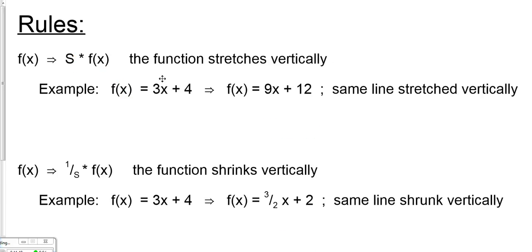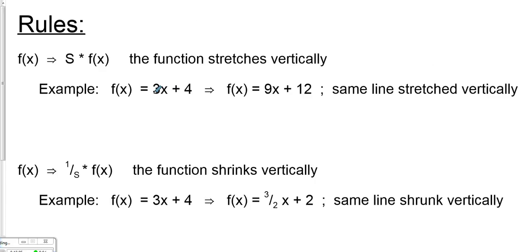Let's look at some of our other transformations, our dilations. So we can stretch things and shrink them vertically. Now if you take your whole function and you multiply it by a number on the outside of the entire function, that will stretch things vertically.